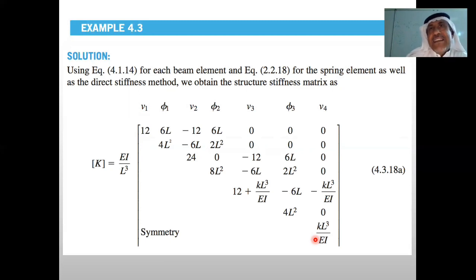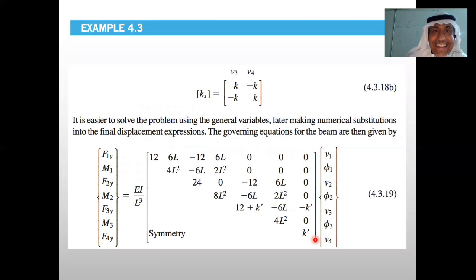Abdul Majid, 8 by 8 or 6 by 6? Look, nodes 3 and 4, 2 by 2. You see? So 1, 2, 3, 4, 5, 6, 7. How many degrees of freedom?